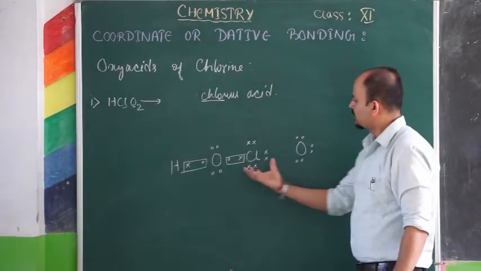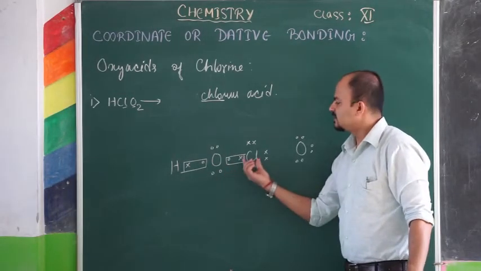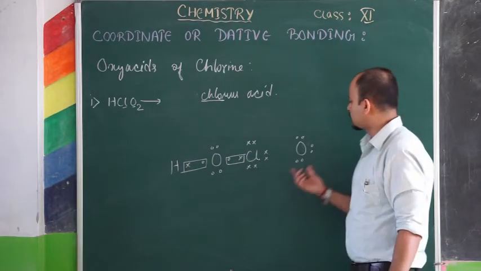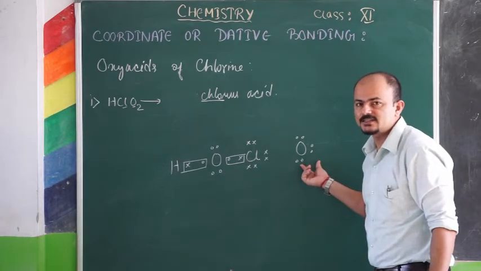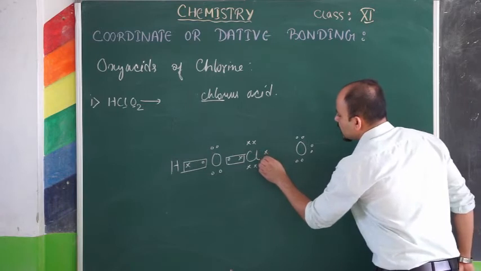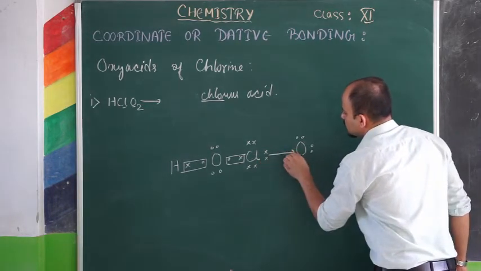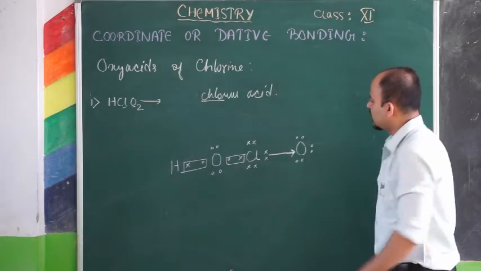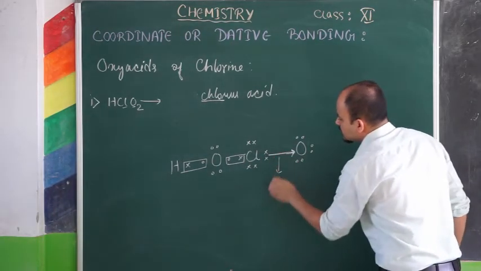Now with this you saw that each one's noble gas configuration is fulfilled. Now this oxygen has 6 electrons in the valence shell. It needs 2 more electrons to complete its octet. Therefore, both the electrons of chlorine will be used in bond formation between chlorine and oxygen. And the bond that is formed here is what?